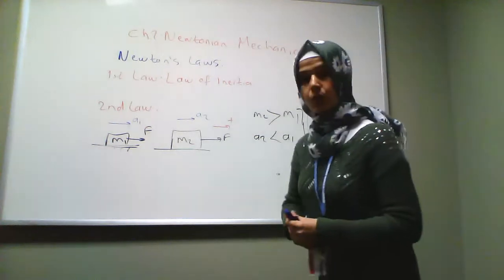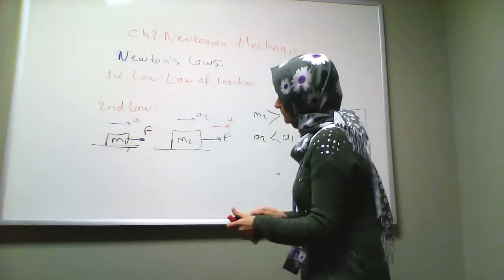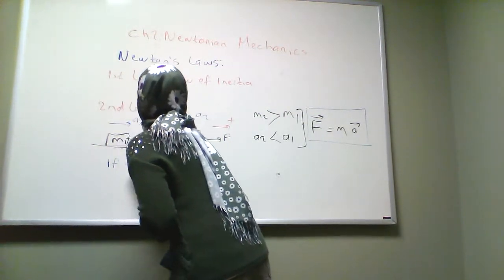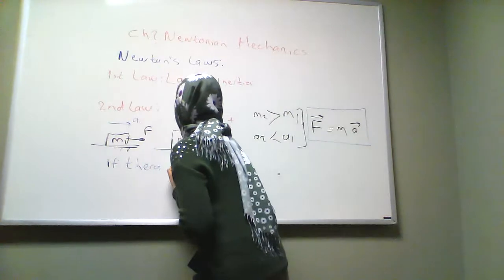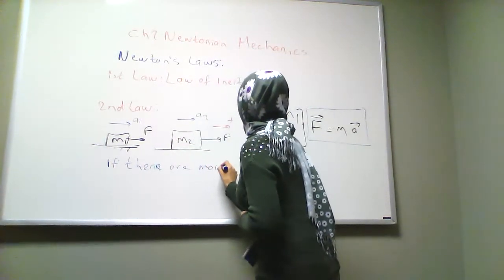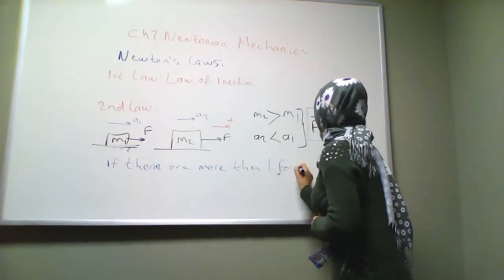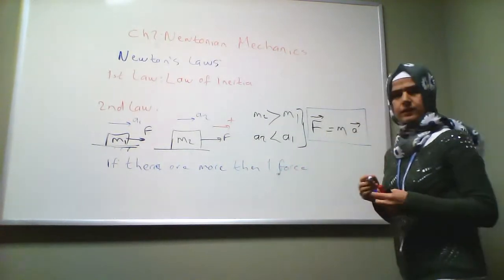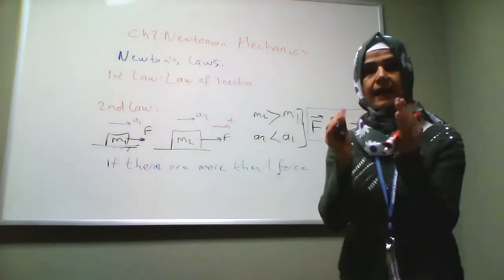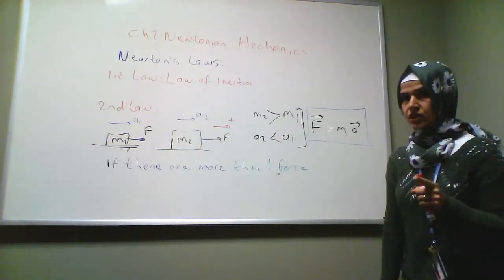What I mean by total net force: if there is more than one force acting on an object, we look at the total force. We add up all these forces, keeping in mind that they are vectors.